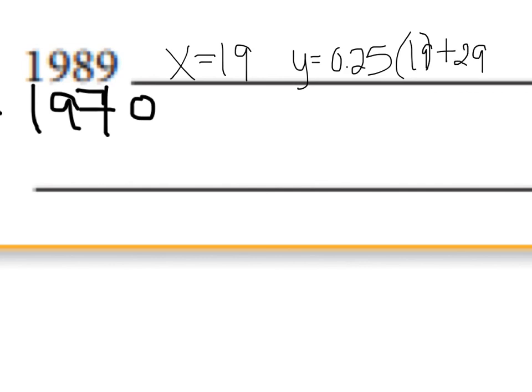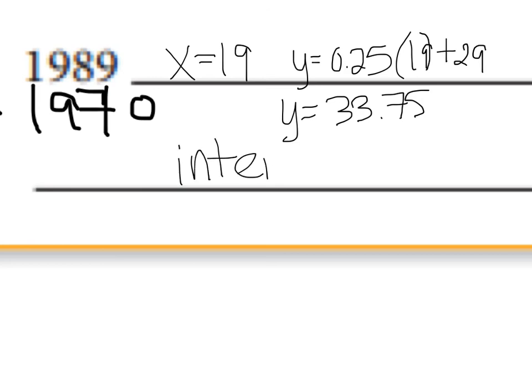So you should have had a median age of 33.75. Now our x value of 19, that's within the data range because we went from 0 to 40. So that means this is interpolation.